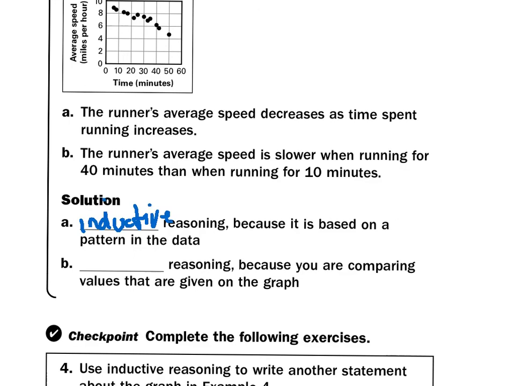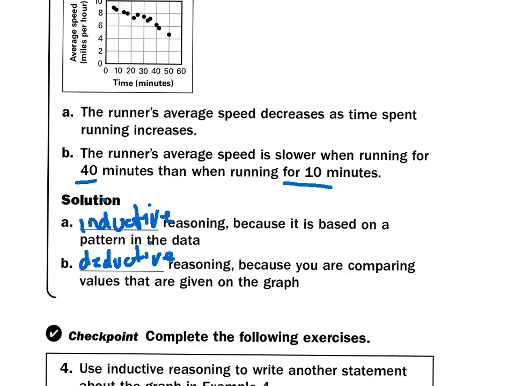Now, B. The runner's average speed is slower when running for 40 minutes than when running for 10 minutes. Okay, on this one I'm using specific data. And so when I have specific data, it's going to be deductive. We're comparing values that are given on the graph.